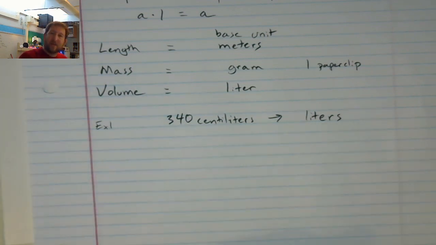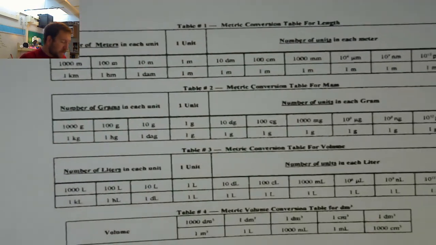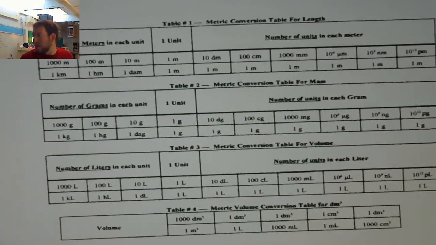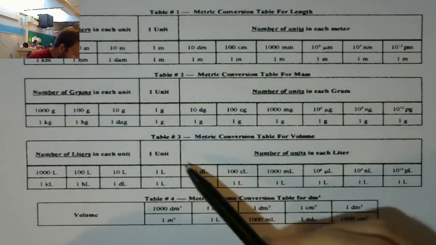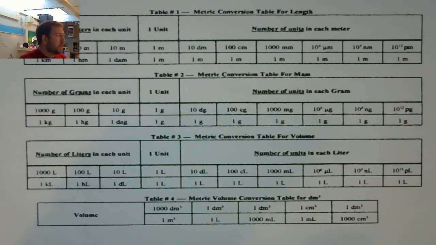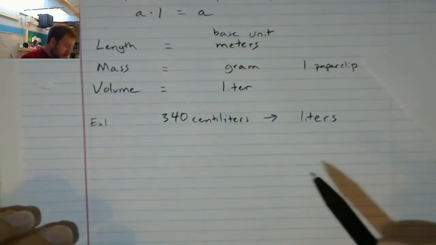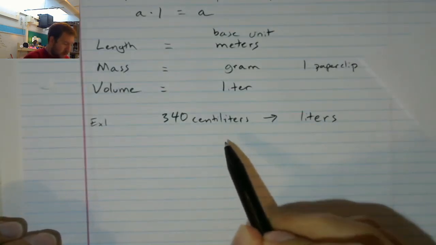Well, I've attached to your homework, and I'll attach it in this YouTube video as well, this table, which I really like. Now, one of the big problems with this table is it looks like it was copied very poorly, or it was copied like 1,000 times, and every time it got a little bit grainier and grainier. But the data in here is set up exactly how I would like it to be, and it's the easiest way to look at this table and to use the information. Okay, so this one I can tell that we are using liters, and we are looking at centiliters.